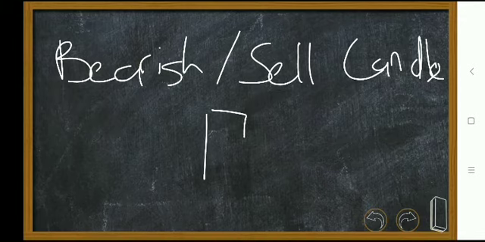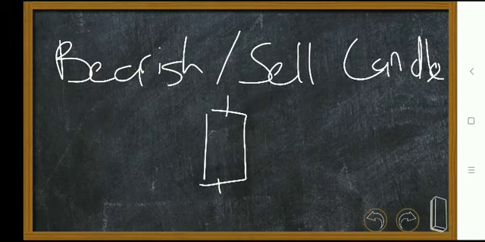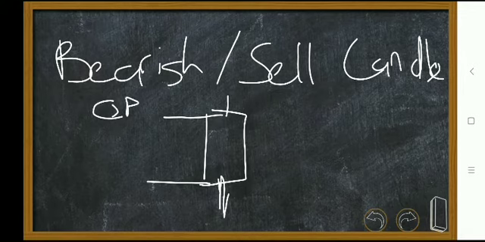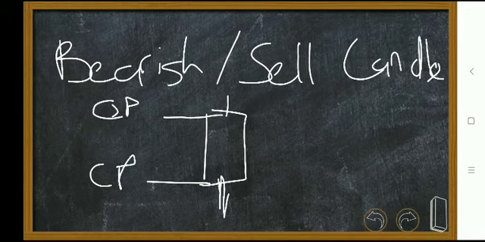This will be characterized by the closing price being lower than the opening price. This is the opening price, this is the closing price. The opening price is higher than the closing price, or the closing price is lower than the opening price.